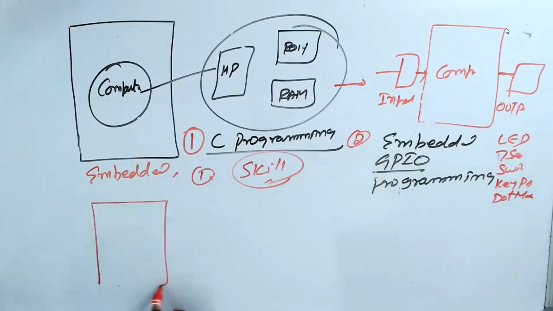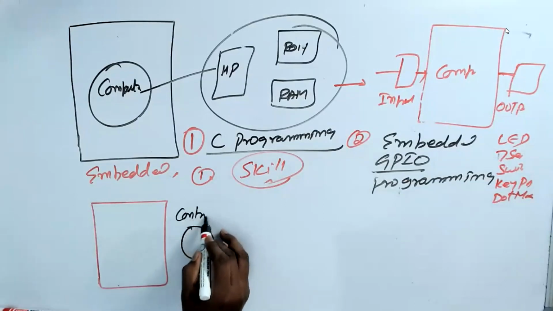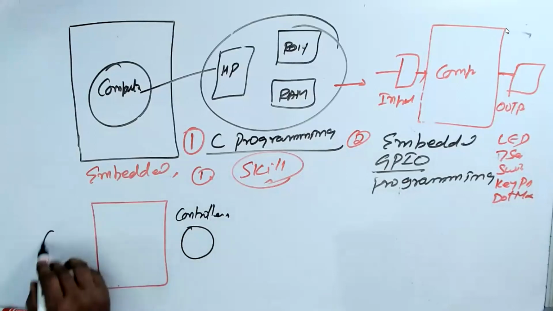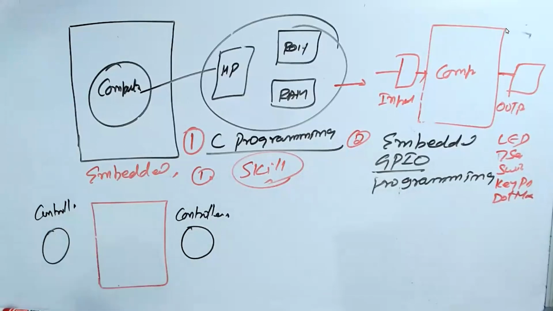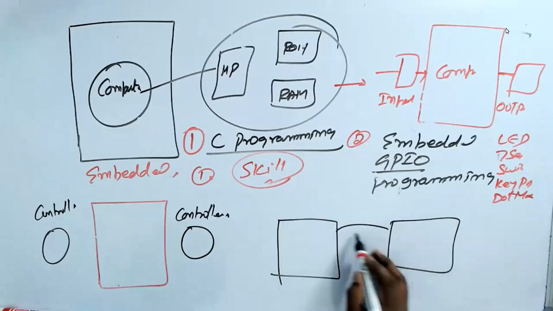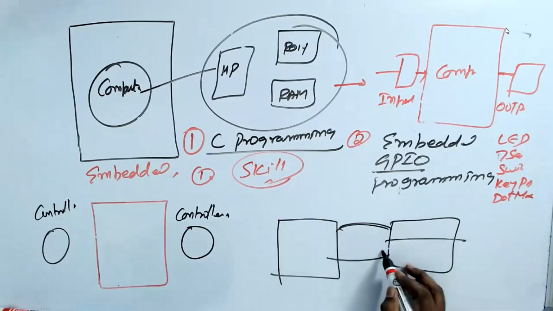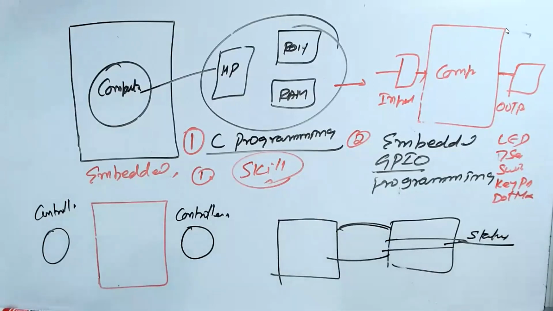Third one is you talk to the controllers. When you talk to the controller, there are 3 methods. One method is you give a job to the controller and read its status register to find out whether it has completed or not.